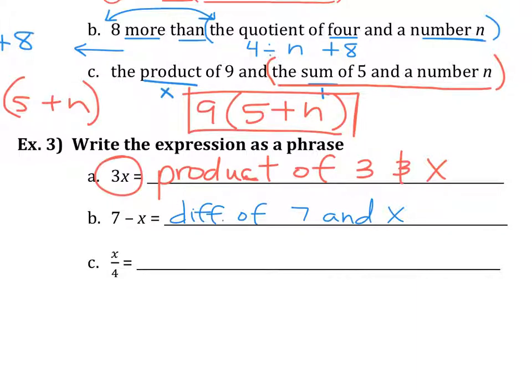Okay, so then the last one, how would you say that? What is the quotient of 4 and x? x and 4, because you want to go in the order it's given. So you could say the quotient of x and 4, or you could say x what? Divided by 4.